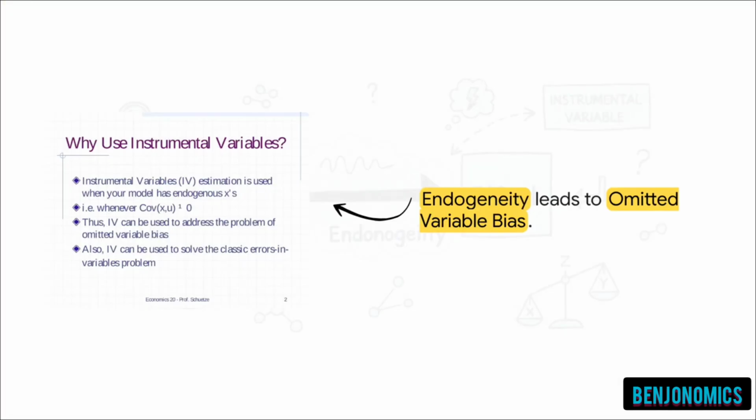The mathematical fallout from this villain? It's what economists call omitted variable bias. Whenever our variable x is correlated with that unobserved error u, our standard estimates get totally biased. The math just cannot untangle the true effect of x from the hidden effect of u.